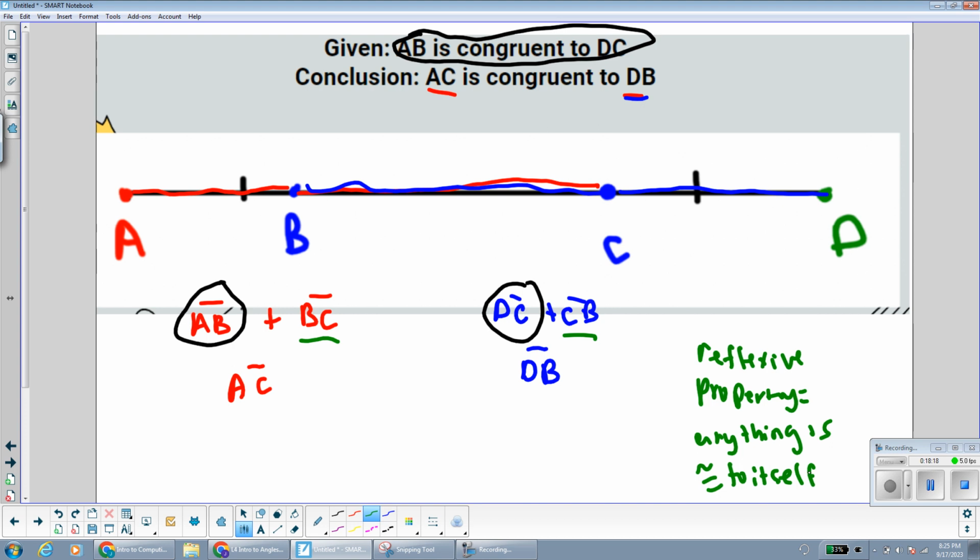So that justifies why BC and CB are congruent, because anything is congruent to itself by the reflexive property. Since we're starting with congruent and adding on congruent to each one, the end result will be congruent. So we do know for sure that AC will be congruent to DB due to the addition postulate.